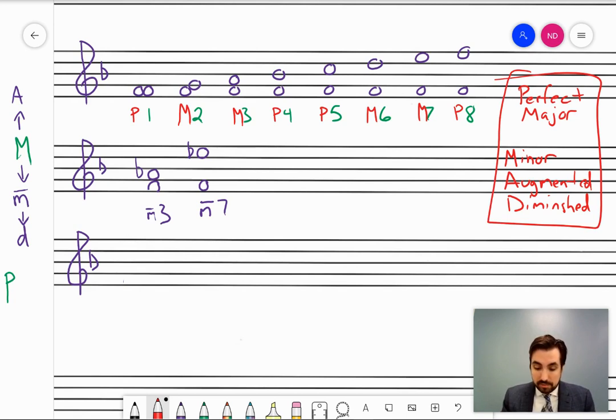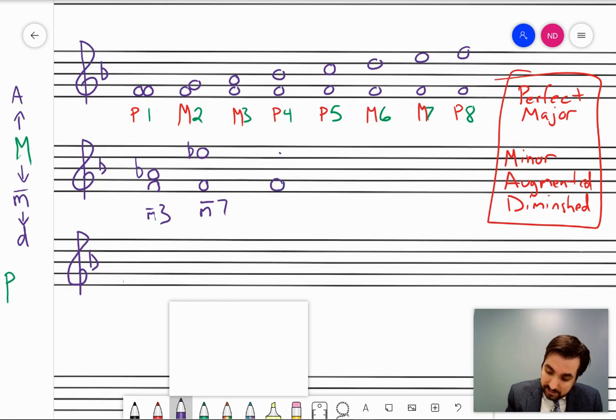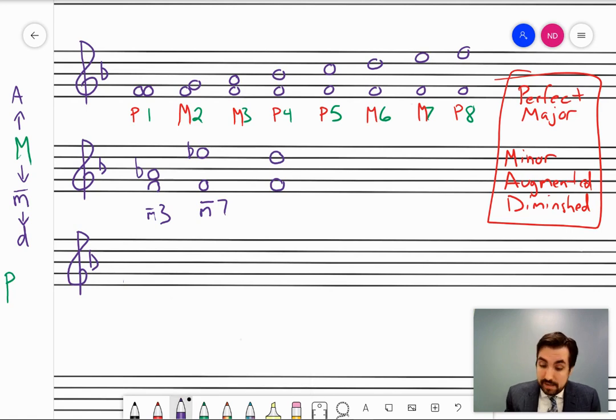So let me give you an example here. Let's take a major sixth from our example in F major. That would be F to D, the major sixth. If I were to raise the top note by a half step, I would get that, meaning that this is an augmented sixth.